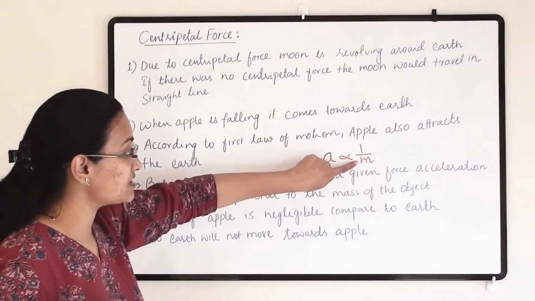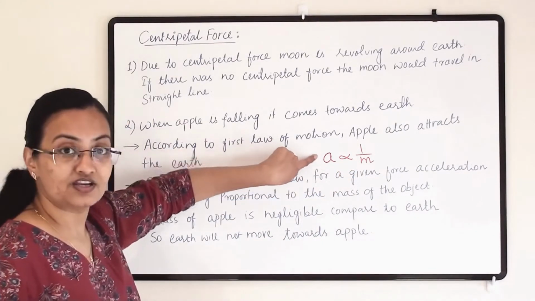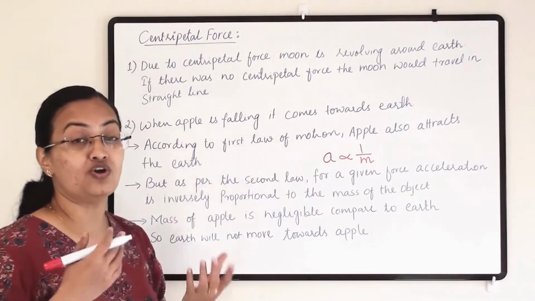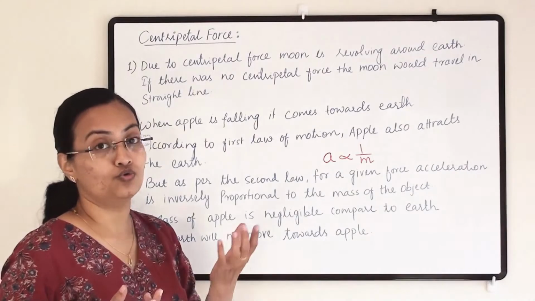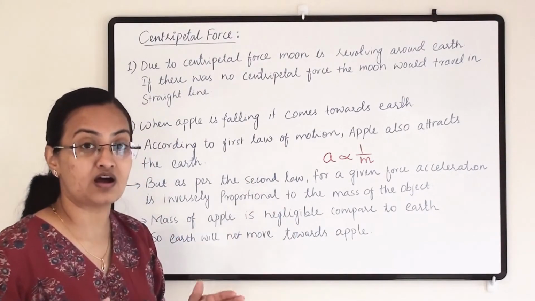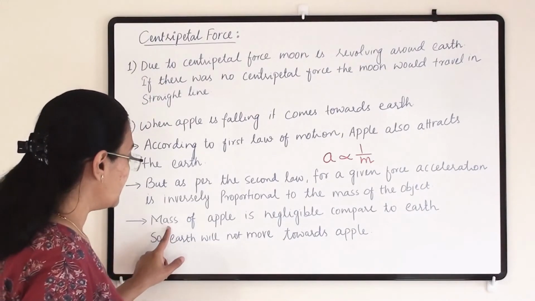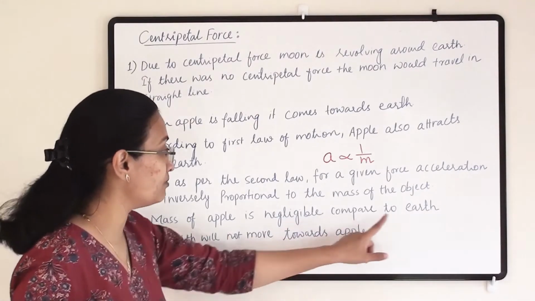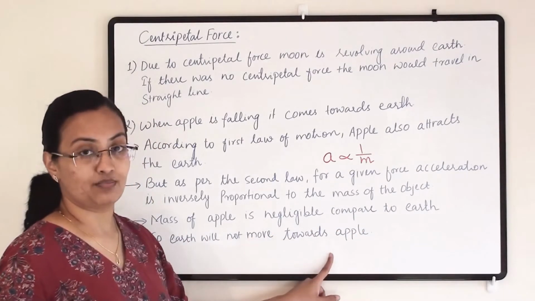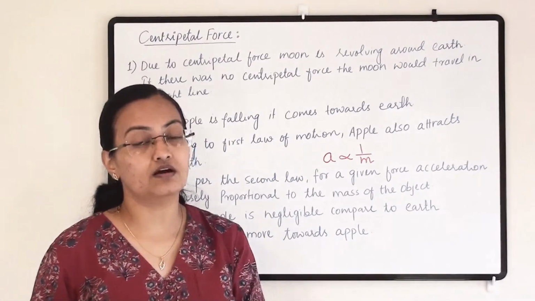Whereas the earth's mass is very high compared to the apple, so its acceleration is correspondingly small. So the earth will not move towards the apple, whereas the apple will go towards the earth, because its mass is negligible compared to the earth. We can also see this effect in the moon revolving around the earth.